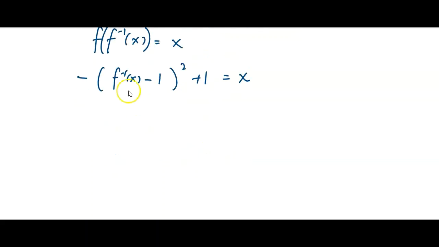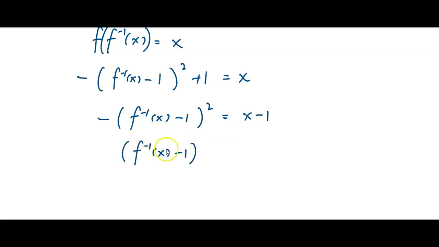Okay, so now to get the f inverse, I will first minus 1 at both sides. I get x minus 1 at the right side. And then multiply both sides by negative 1. I get 1 minus x.